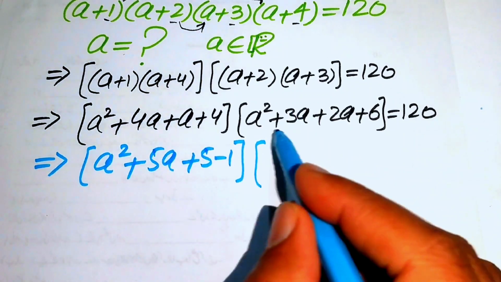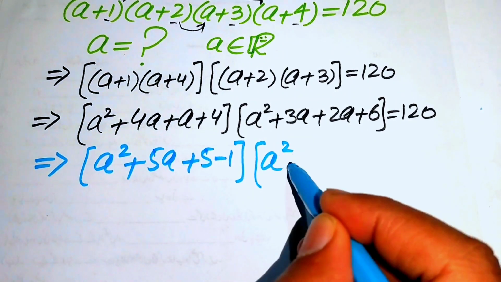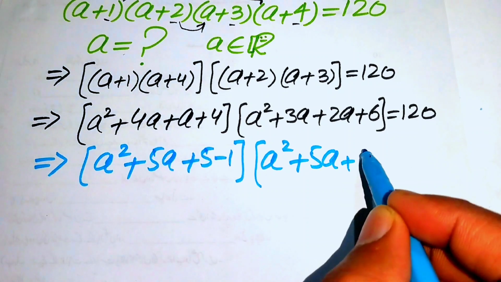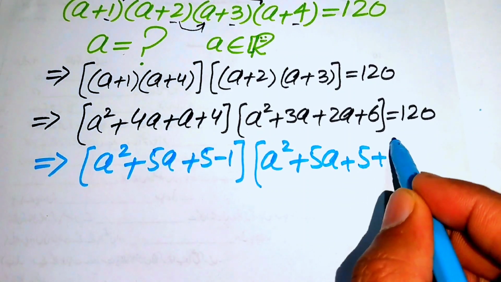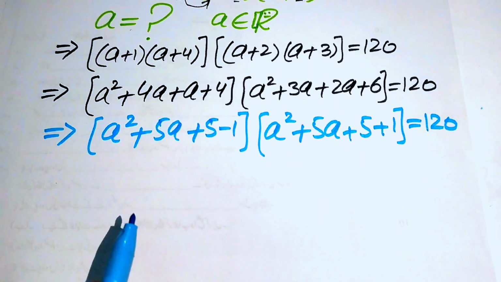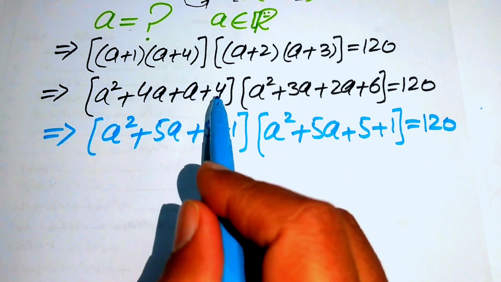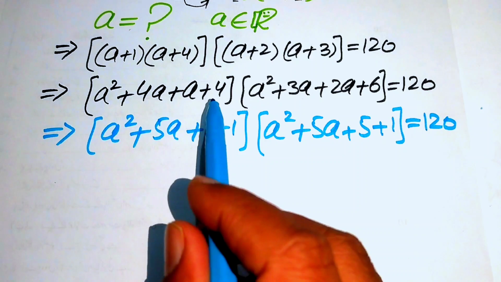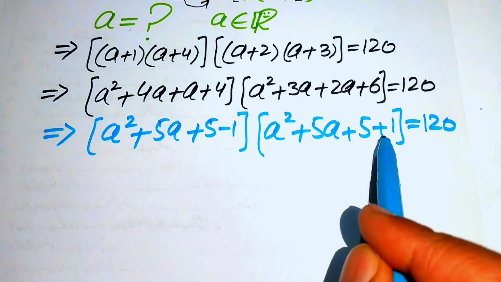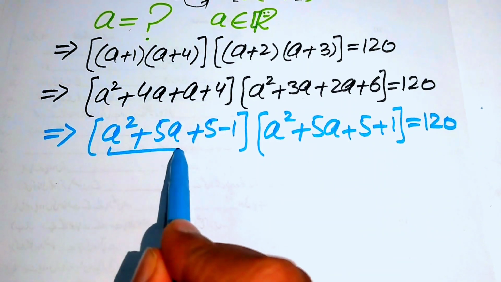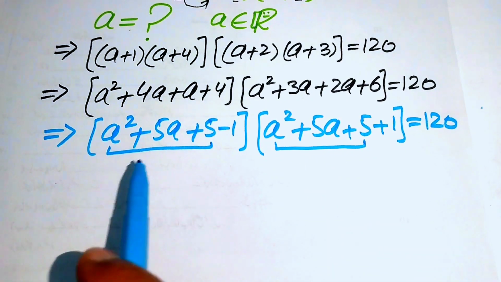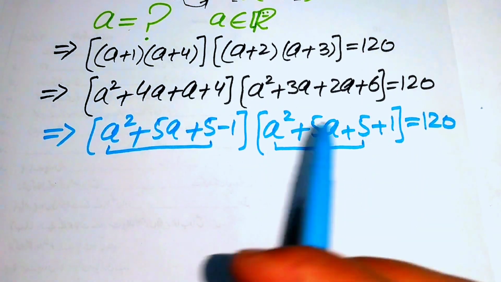After that we have a square plus 5a, and here we have 6, which we write as 5 plus 1, and this whole equals 120. The reason to break this 4 as 5 minus 1 and this 6 as 5 plus 1 is that the terms in both factors become the same.